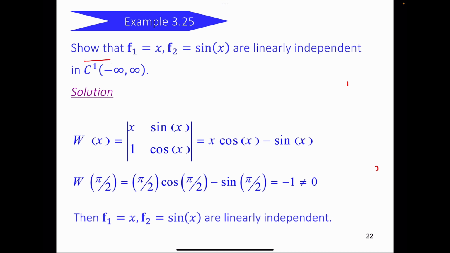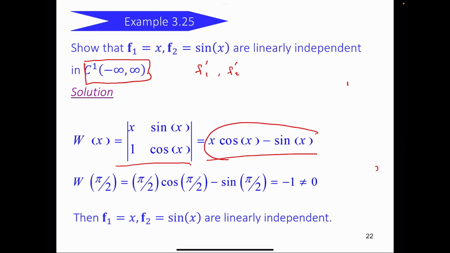We consider this vector space, and we have f1 and f2. f1 prime and f2 prime are both continuously differentiable, and the Wronskian of f1 and f2 is given by this determinant, which is equal to this function, and this function is not entirely zero.